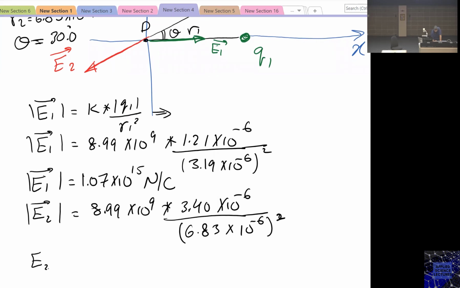And E2 magnitude is 6.55 10 to the power 14 newtons per coulomb. So this is E1 and E2 magnitudes.